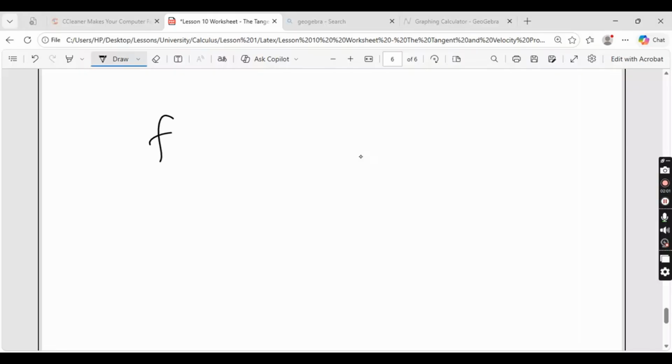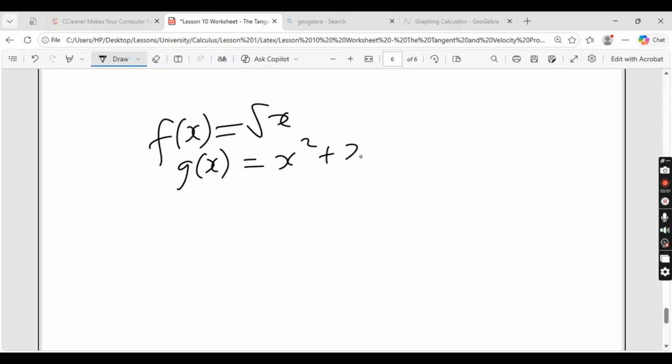You said f of x is equal to the square root of x. Yes. g of x is equal to x squared plus x. Okay. And then h of x is equal to 1 over the square root of x.